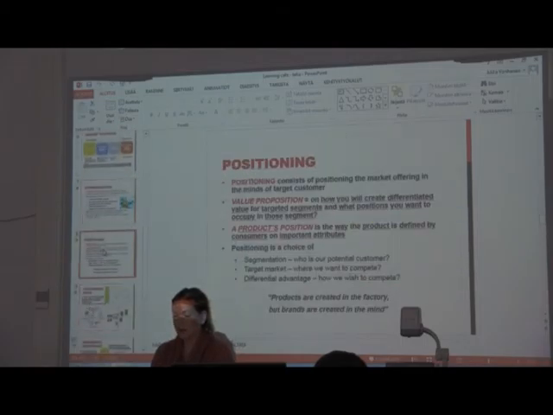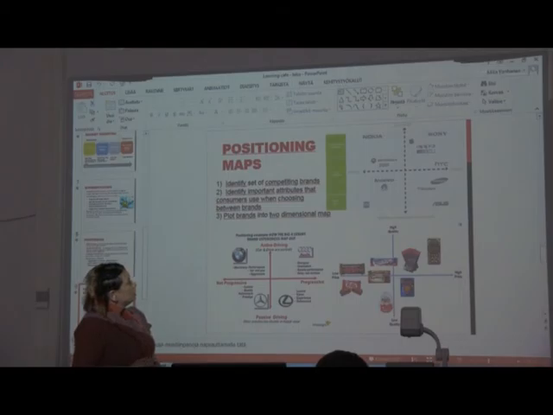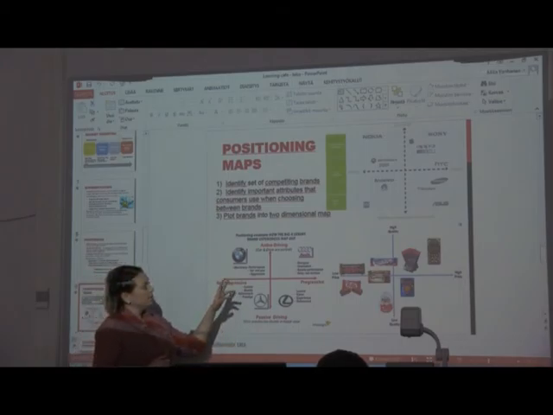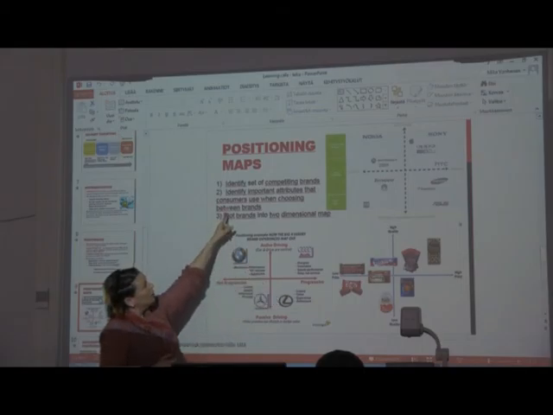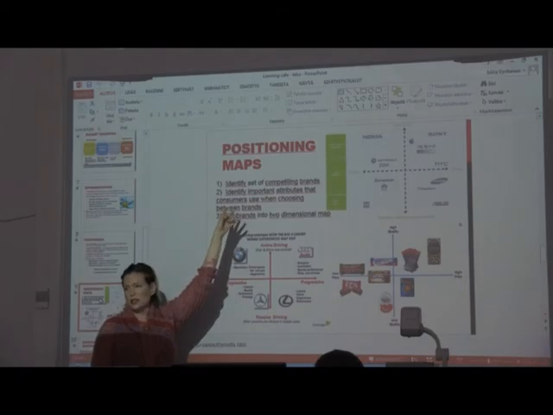Okay. So we are going with the benchmarking or the positioning. You need to think about what kind of sector you want to have. Then you need to have the brands. What are competing? What kind of brands are they?